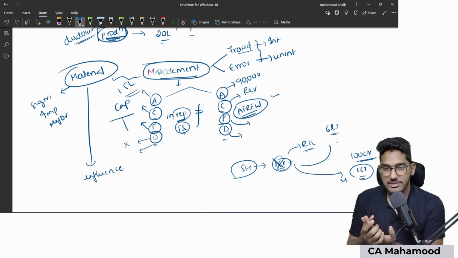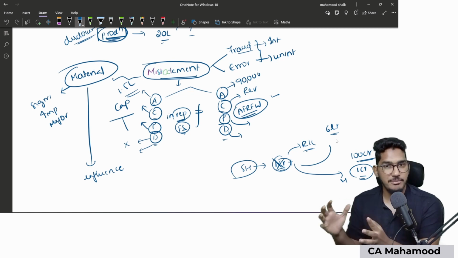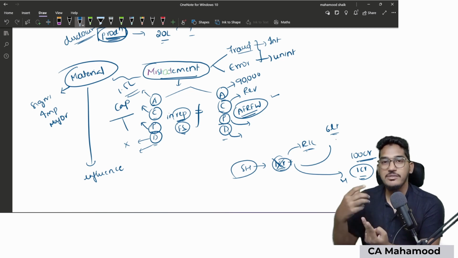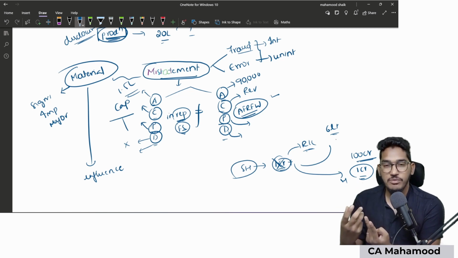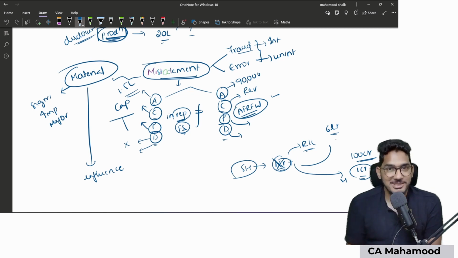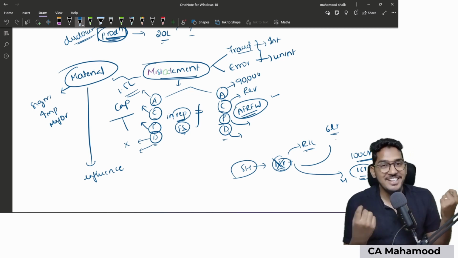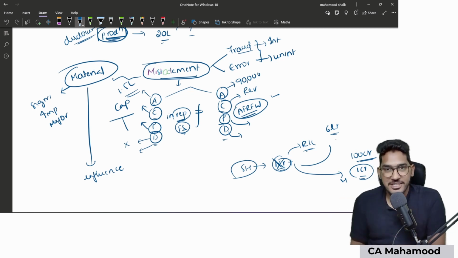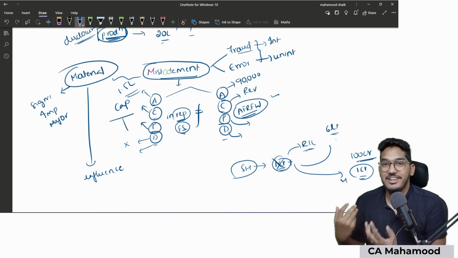Relativity means if you spend 1 hour reading some book, that 1 hour feels like a very lengthy time. But if you spend the same 1 hour talking with some pretty girl, that 1 hour will feel like just 5 minutes. This is not an example created by me. This is the example told by Albert Einstein to explain the concept of relativity.